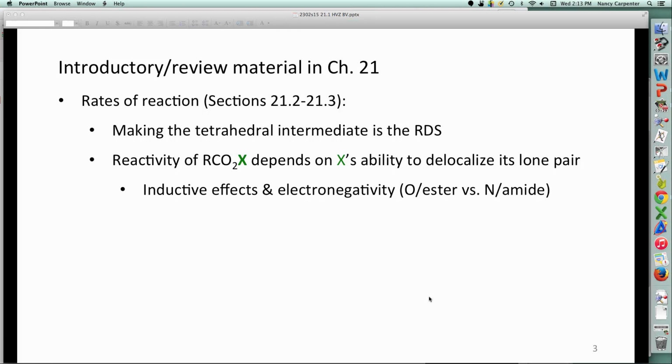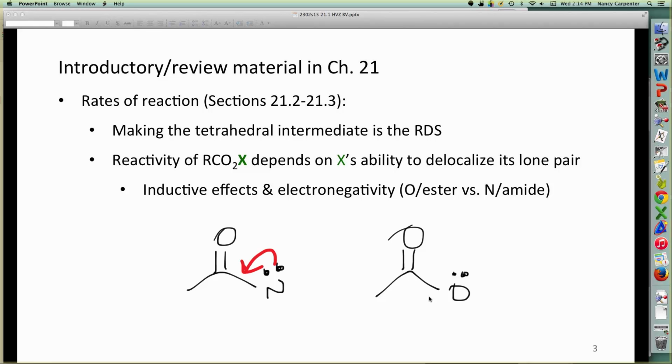So, one thing that's reviewing, taking us way back to even Chapter 1 of 2301, is the impact of inductive effects and electronegativity. So, oxygen versus nitrogen, what's the difference? Well, of course, it's all electronegativity. And so when it comes right down to it, this versus this, a nitrogen being less electronegative is a lot more likely to donate.